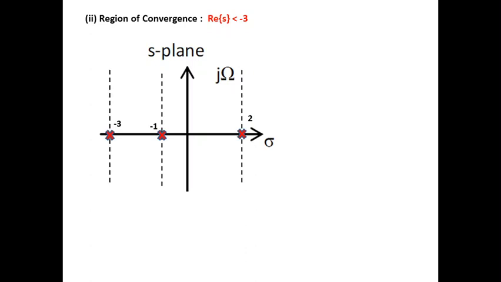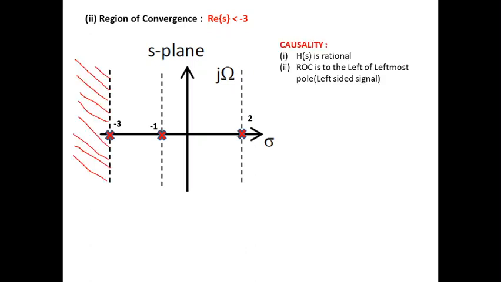Second, the region of convergence, real part of s lesser than minus 3. It means that we have taken a left-sided signal. So we plot the poles and analyze for causality. h of s is rational as usual. If it is lesser than minus 3, the ROC is to the left of the leftmost pole, so it is a non-causal system, or specifically an anti-causal system, because right of the rightmost pole is causal and left of the leftmost, which is exactly opposite, is an anti-causal system, a specialized case of non-causal system.